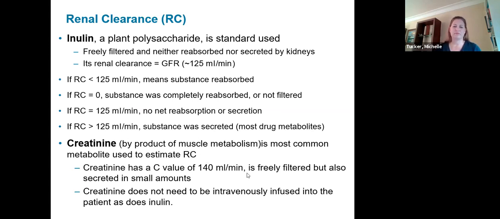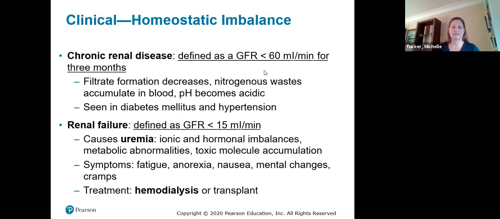However, in clinical terms, we just call it good, that if creatinine clearance is 125 or so, then glomerular filtration rate is good and kidneys are healthy. If creatinine clearance is shown to be lower and used as an estimate of GFR, then it can be an indicator of renal disease.